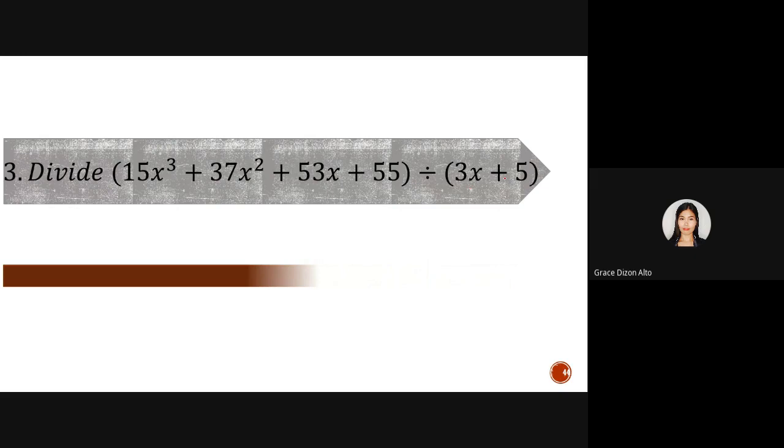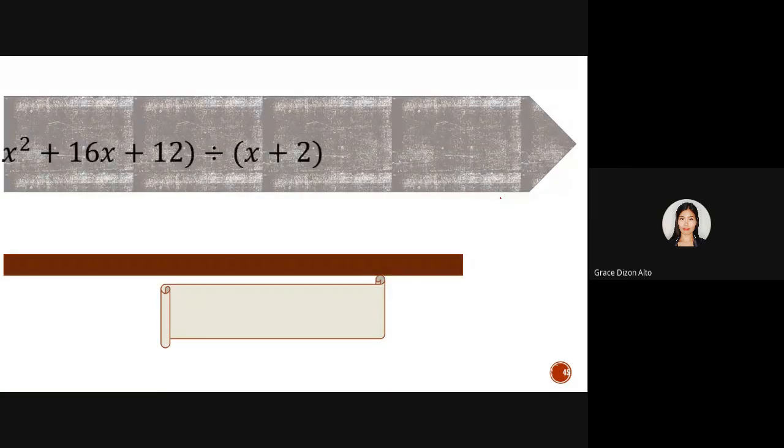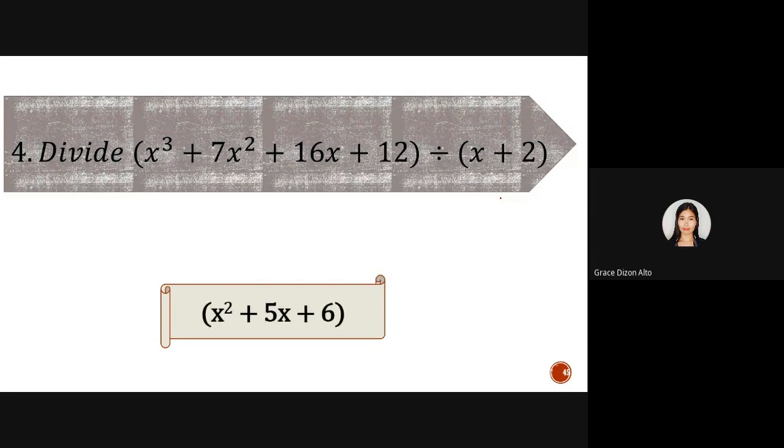So it will become negative 5 thirds. The answer will be 5x squared plus 4x plus 11. For number 4, x cubed plus 7x squared plus 16x plus 12 divided by x plus 2, we get x squared plus 5x plus 6.